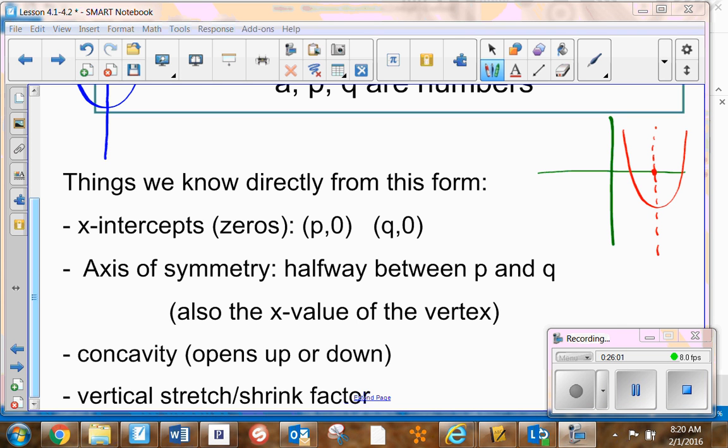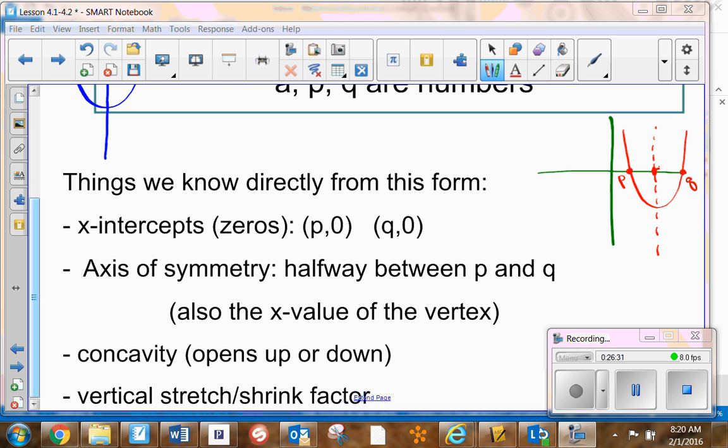And there's always an axis of symmetry. So whatever this is, its corresponding point is here. If this is my p and this is my q, then the x of my vertex is going to be right in the middle. So you find that by averaging. Whenever you want to find the x of your vertex, just average your p and q. Add them together, divide by 2, and that will give you your vertex.